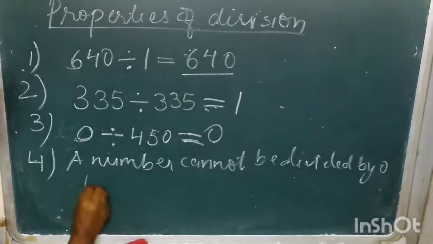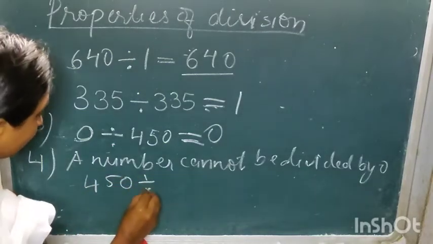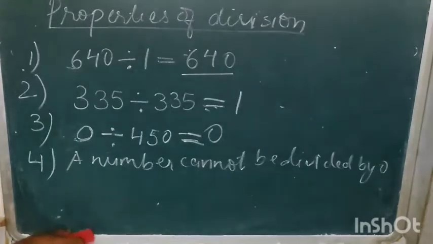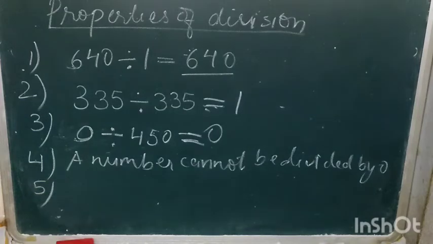Like 450 divided by 0 is not possible, because 0 has no value.